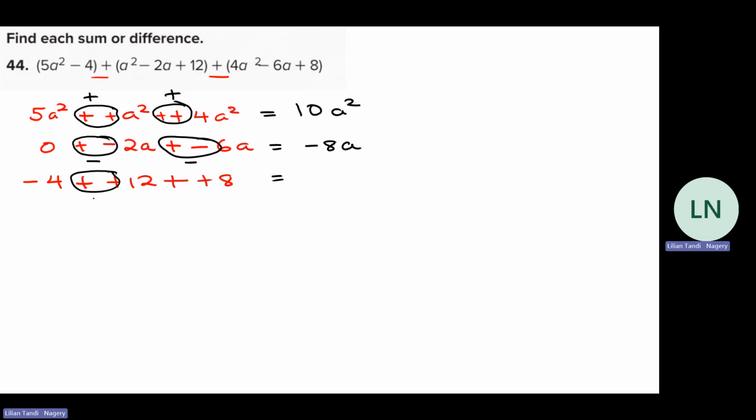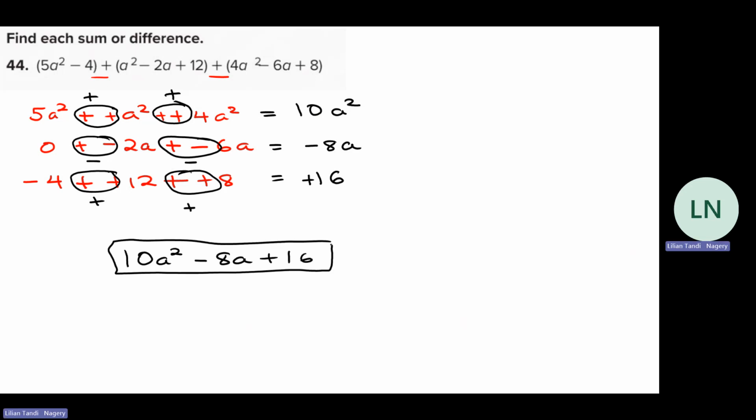This becomes plus, and this becomes plus. Negative 4 plus 12 is 8, and 8 plus 8 is 16. Positive. So then I write my answer, 10a squared minus 8a plus 16. Box your answer.